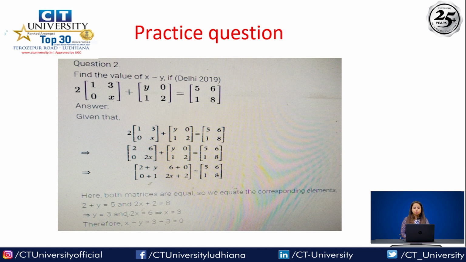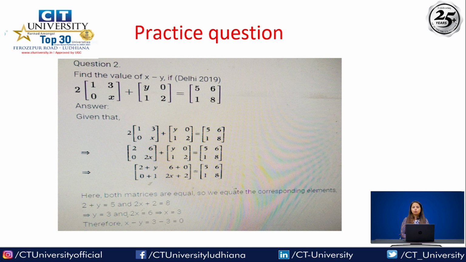And here is your answer. First of all, you have to multiply 2 by this full matrix, and you get 2, and 2 multiplied by 3 is 6, and 2 multiplied by 0 is 0, 2 multiplied by x is 2x, plus the full matrix is as it is and is equal to the other matrix as it is.